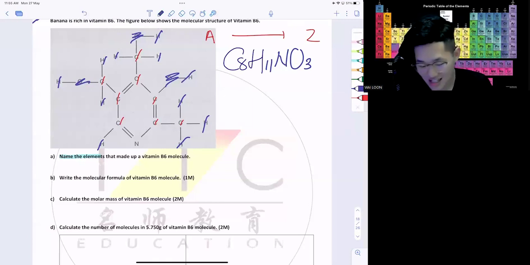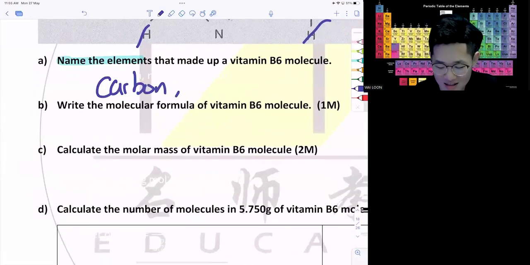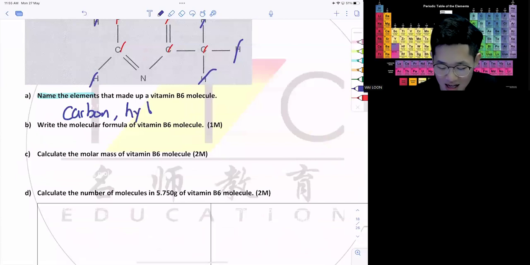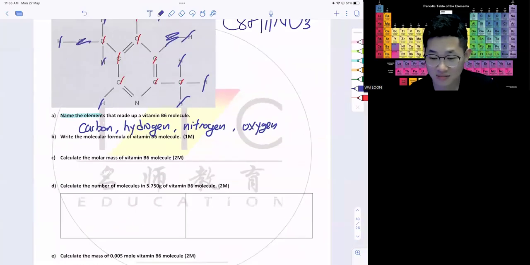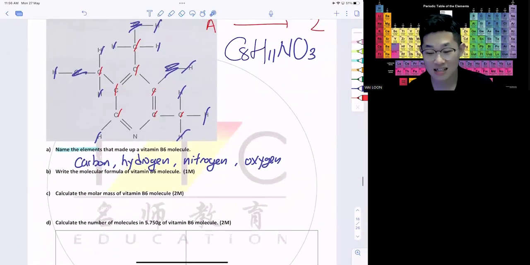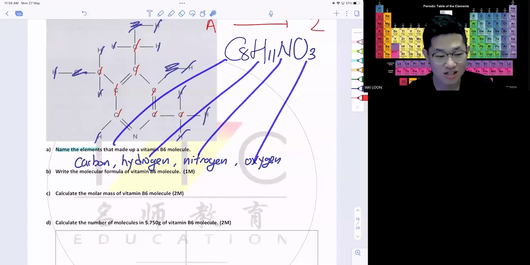Okay, nice, correct. It's made of carbon, hydrogen, nitrogen, and oxygen. So these are the elements. We have carbon atoms, hydrogen, nitrogen, oxygen atoms.